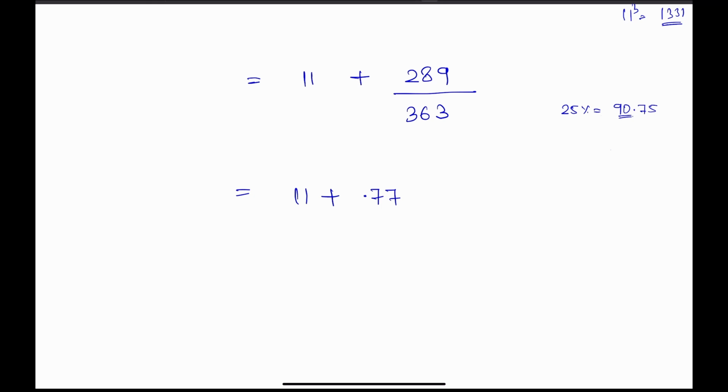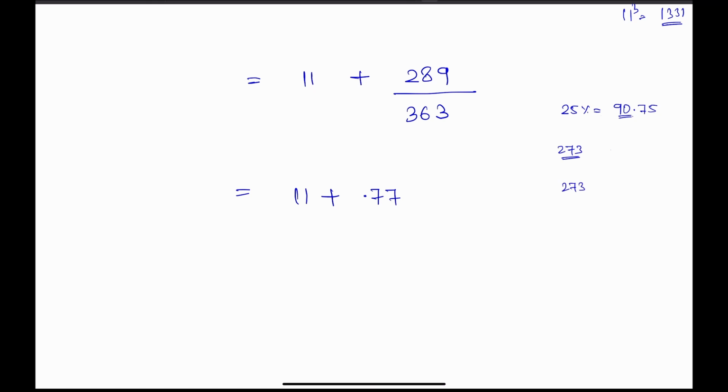Okay, and if we do 363 minus 90, it will be 273. Okay, so 363 minus 90, or 360, yeah, this will be 273, right?